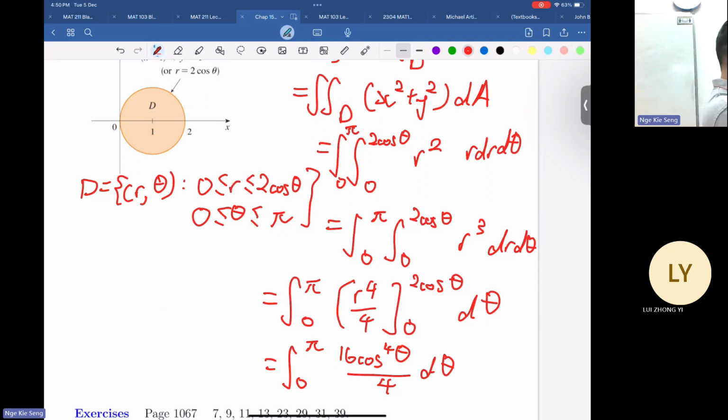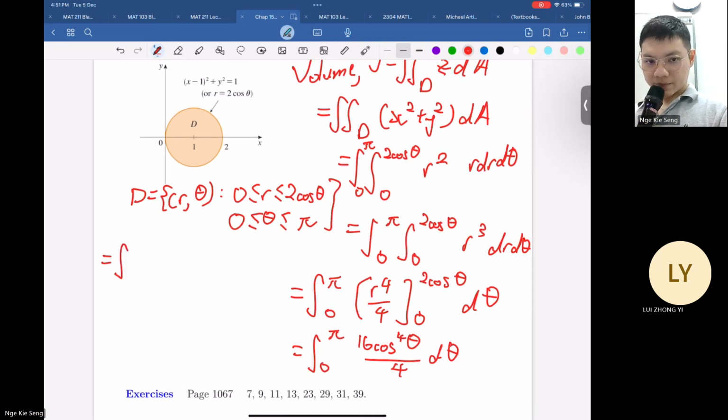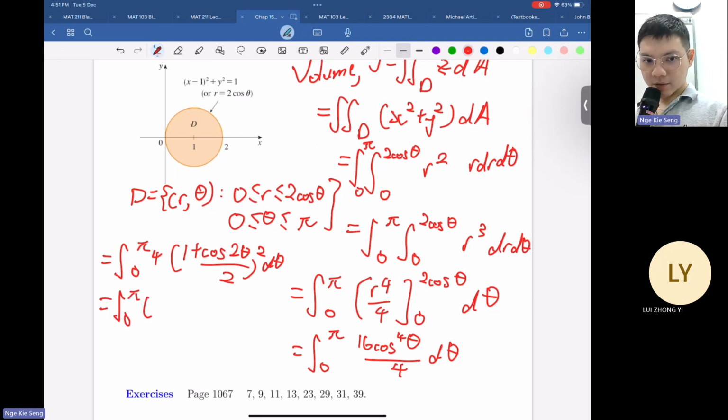But this one is a power of cos again, right? So we need to use the double angle formula again. If you use the double angle formula, what do you get? 4 times (1 plus cos 2 theta over 2) squared d theta, and then it becomes 1 plus 2 cos 2 theta plus (1 plus cos 4 theta) over 2 d theta.